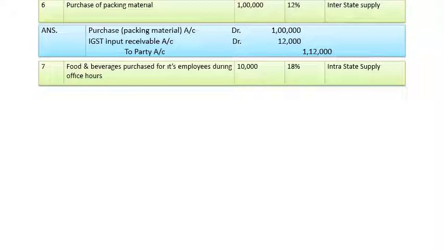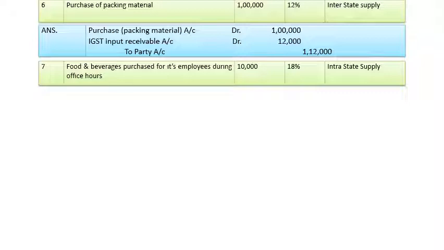Now here you have to identify whether this expenditure is incurred by the employer under a statutory obligation or not. It is not incurred by the employer under a statutory obligation, so whatever GST amount is paid on it, that is 1800, is totally blocked.